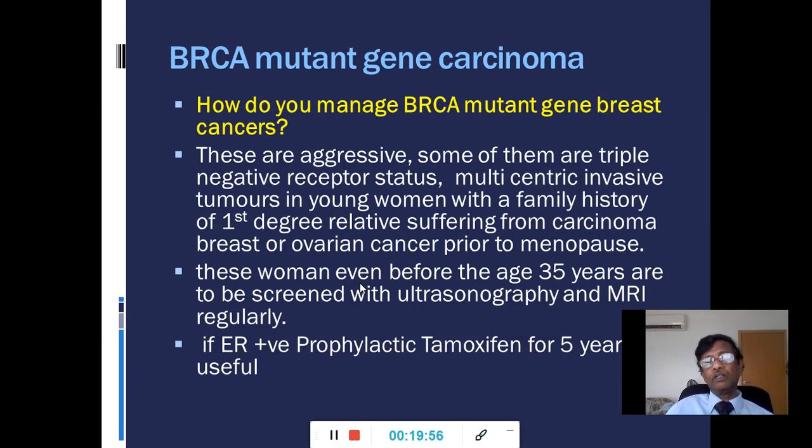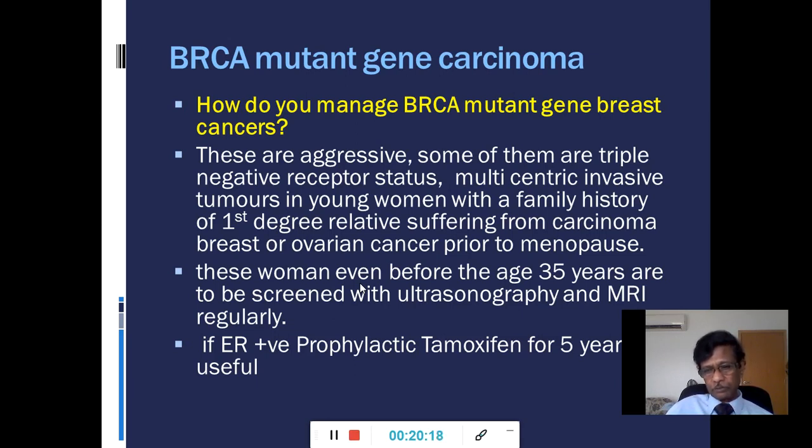These women, even before the age of 35 years, are to be screened regularly with ultrasonography and MRI.